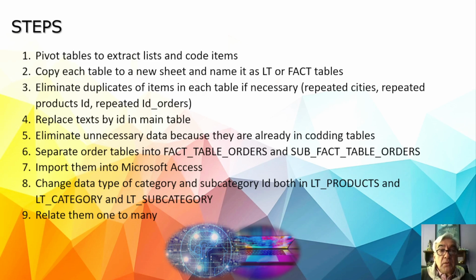Okay, so the steps are, first of all, to extract the pivot tables from the main table, then to copy each table to a new sheet and name it as a lookup table or a fact table, then eliminate duplicates of items, then replace text by IDs in the main table, as I explained before, then eliminate unnecessary data because it is already in the coding tables or lookup tables.